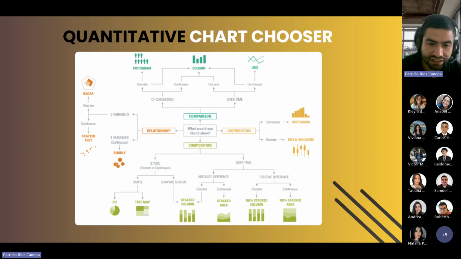Comparison, relationship, composition and distribution each represent a unique visualization. So here's a chart that I will later share with you, so you can know which type of chart you would like to use for an effective dashboard.